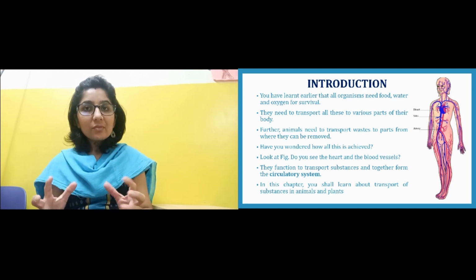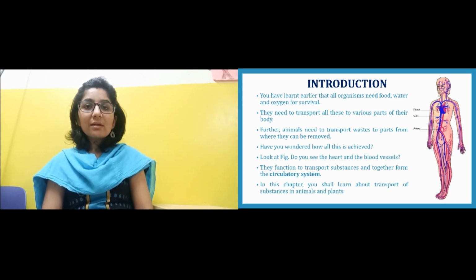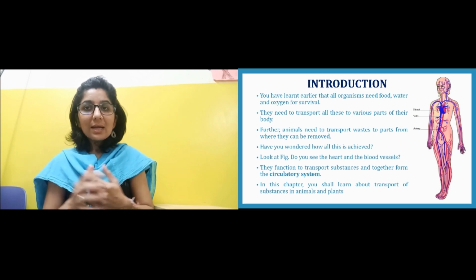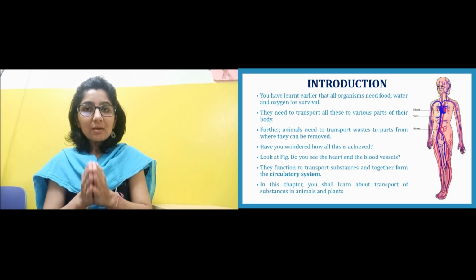All these help us to transport all these things, and they constitute a circulatory system. The heart and the blood vessels function to transport the substances, and together they form a circulatory system.